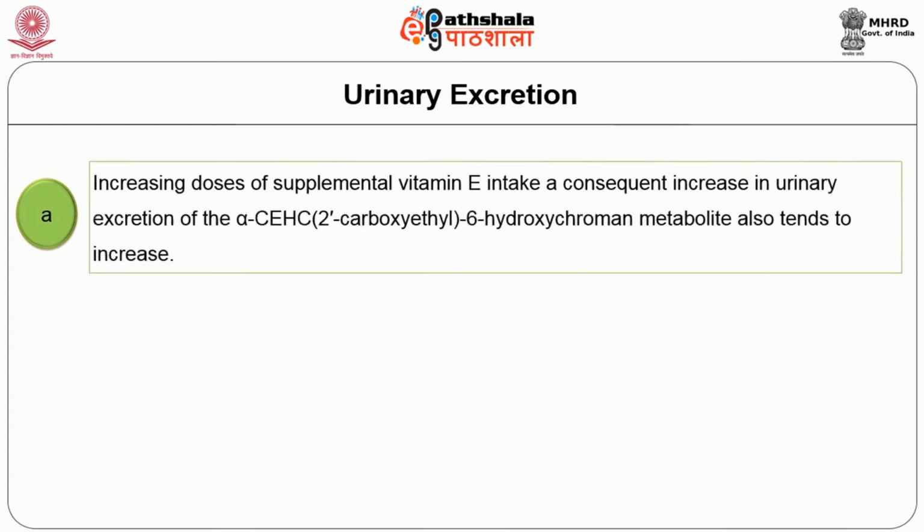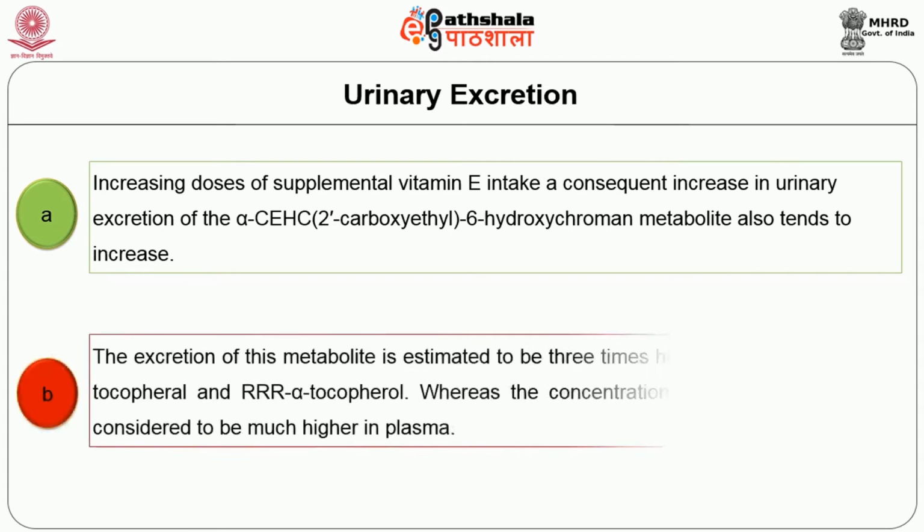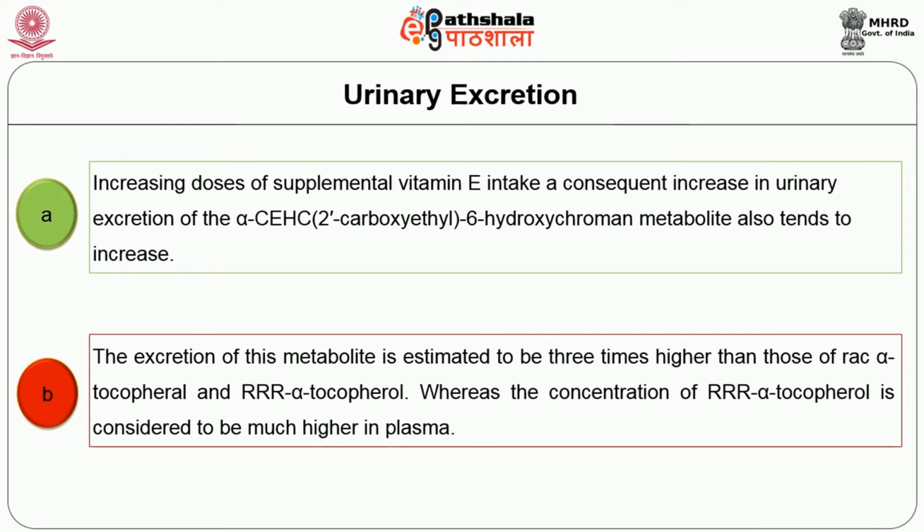With increasing doses of supplemental vitamin E intake, a consequent increase in urinary excretion of the alpha carboxyethyl 6-hydroxychromane metabolite tends to occur. The excretion of this metabolite is estimated to be 3 times higher than those of alpha tocopherol and 3R alpha tocopherol, whereas the concentration of 3R alpha tocopherol is considered to be much higher in plasma.